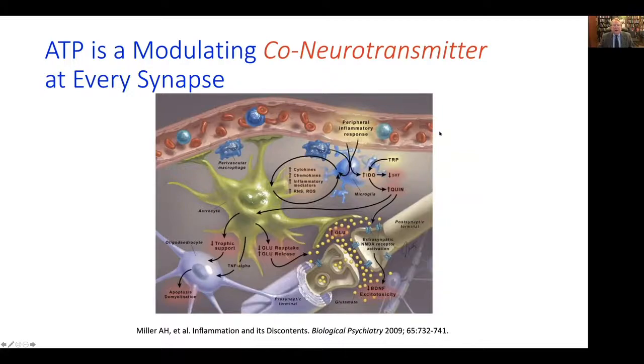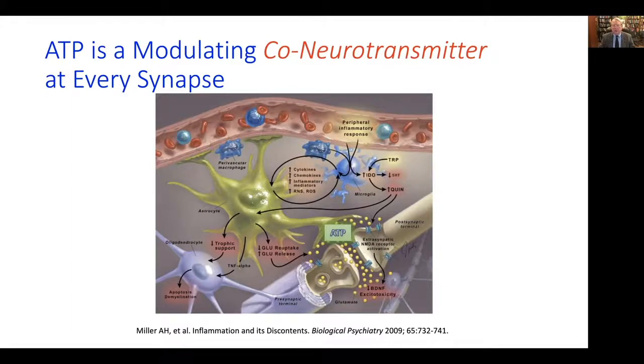So here's a blood vessel, a capillary in the brain, and these are astrocytes, and this is a synapse that is releasing glutamate as the canonical neurotransmitter, but it turns out that every neurotransmitter also co-releases ATP in proportion to the amount of stress signaling that the body is undergoing at the time.